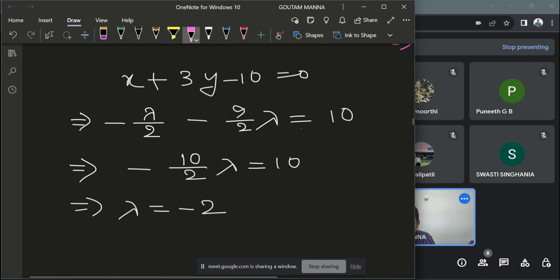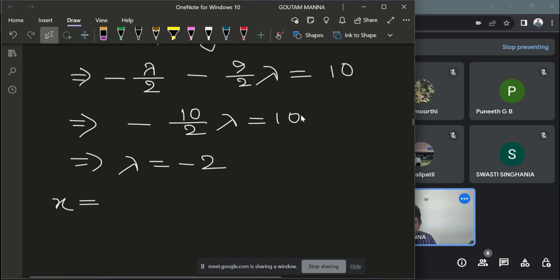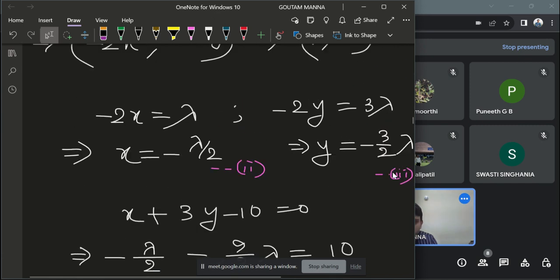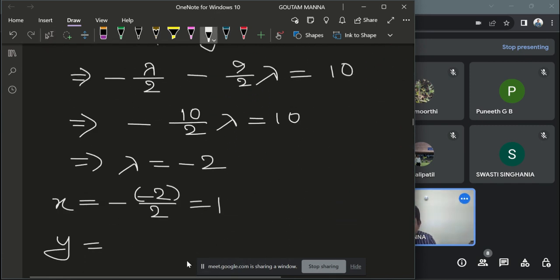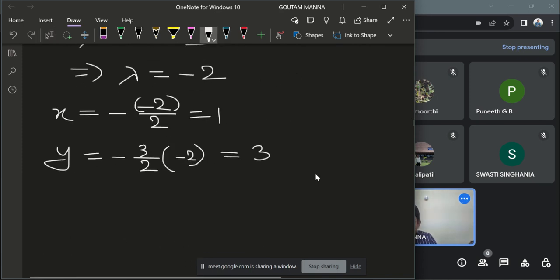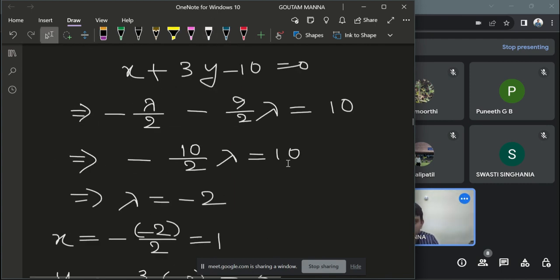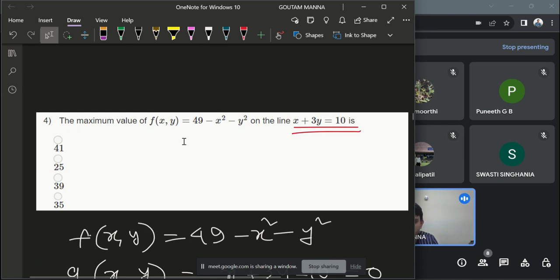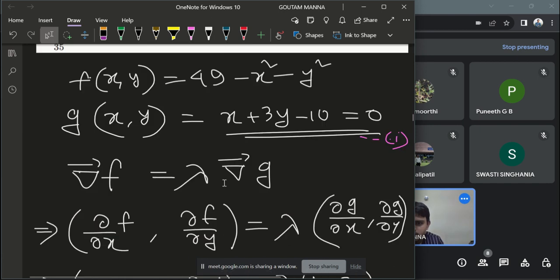Then x will be minus lambda by 2, and lambda is minus 2, so it will be minus of minus 2 by 2, which is 1, and y will be minus 3 by 2 times minus 2, which will be 3. So at point 1, 3, this function will take its maximum value while being on this line x plus 3y equals 10.